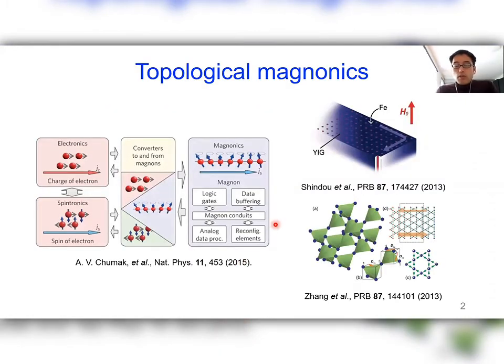So magnons are countable spin waves in magnetic systems. Since they can carry spin current in magnetic insulators and they are free from Joule heating, they are considered as future candidates for information carriers in the field of spintronics. One of the possible routes towards magnon spintronics is to use the concept of band topology in magnon band structures.